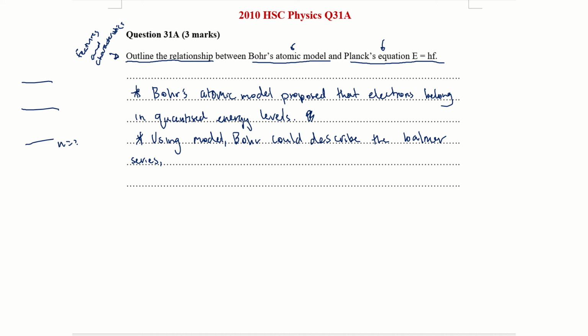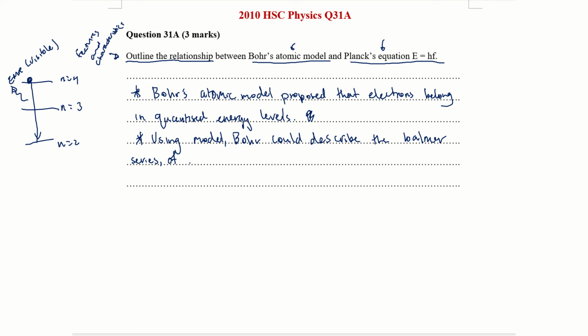So the idea is if you have any sort of transition of electrons from whatever shell to shell number 2, that will emit electromagnetic radiation within the visible spectra of light.